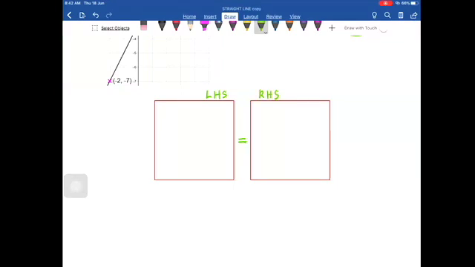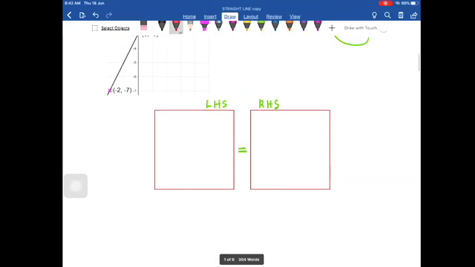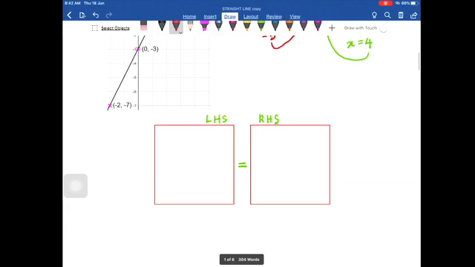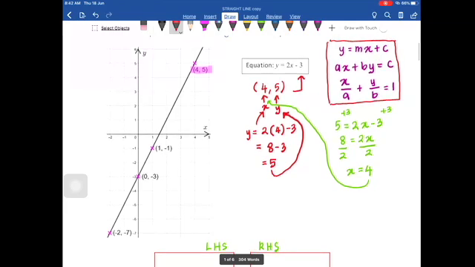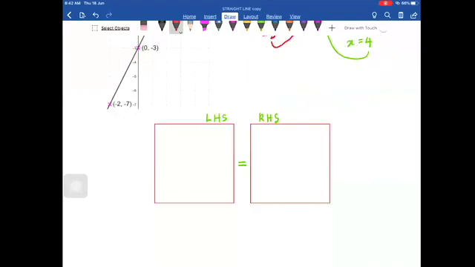Sebelah kiri dan sebelah kanan. Okay, equation kita tadi is Y equals to 2x minus 3. So, saya ada Y equals to 2x minus 3. Jadi, saya punya koordinat tadi adalah 4, 5.